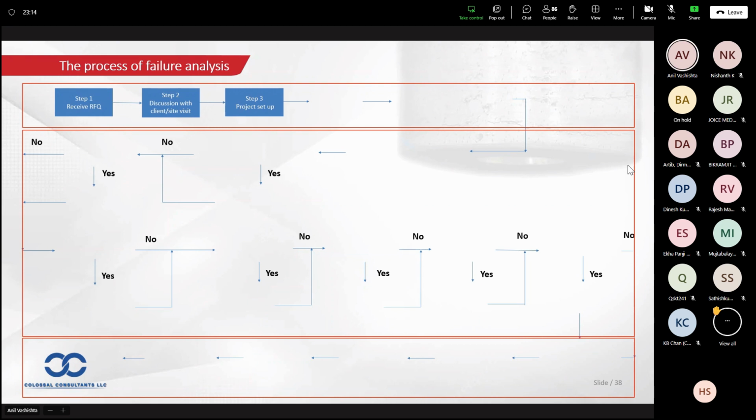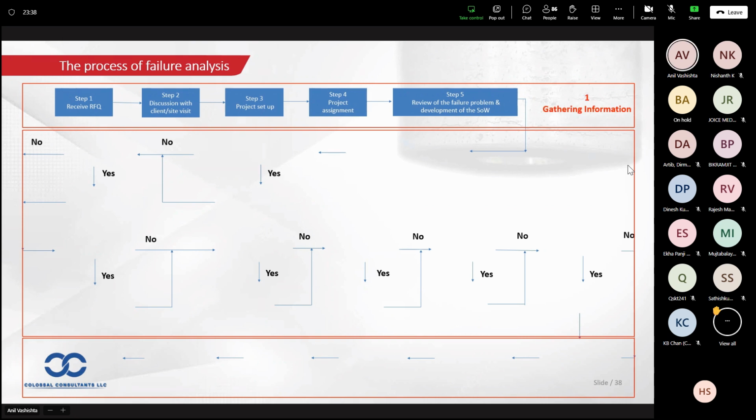Then a project is set up. The project is assigned to the right failure analyst. And the fifth step is a review of the failure problem, and we develop the scope of work. At that time, the quotation is prepared and sent to the client for review and approval, and once the approval is given, we proceed further.